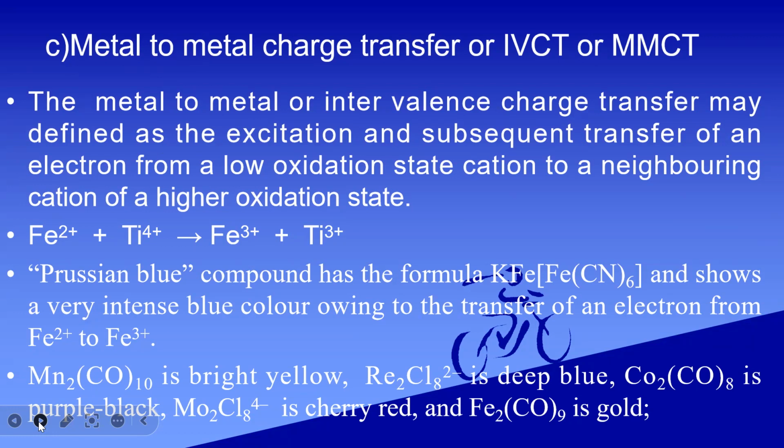That is, Fe2+ Ti4+ gives Fe3+ Ti3+. Fe2+ to Fe3+ is oxidized. Ti4+ to Ti3+ is reduced. The best example is Prussian blue, which has a bright, intense blue color, having the formula KFe[Fe(CN)6], owing to the transfer of electron from Fe2+ to Fe3+.